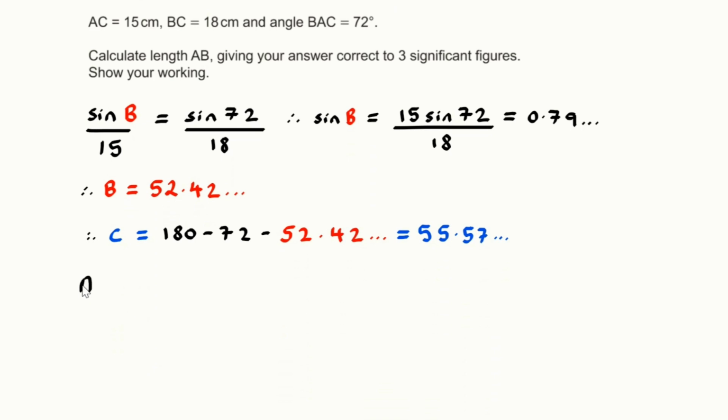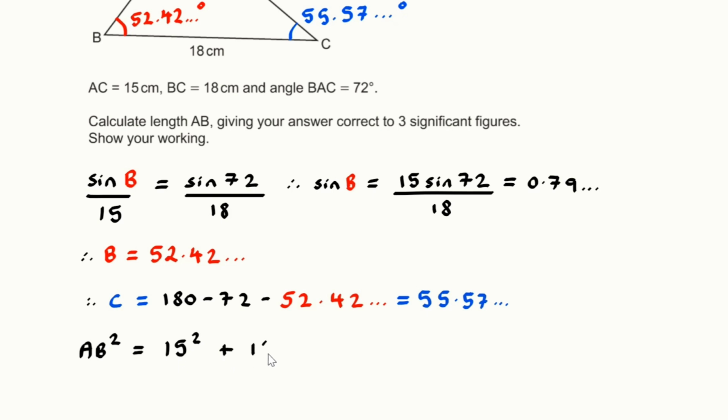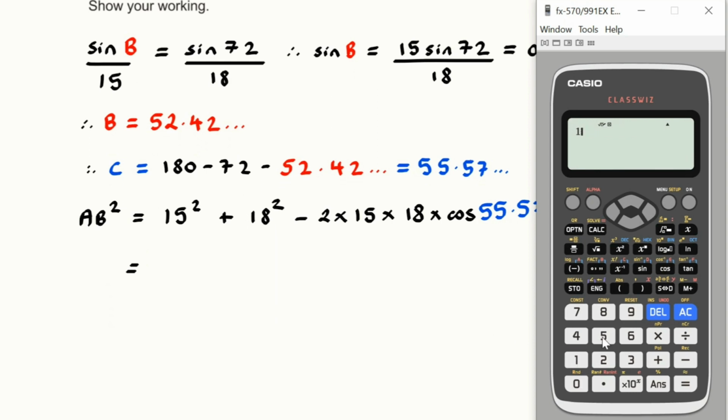AB squared is equal to 15 squared plus 18 squared minus 2 times 15 times 18 times the cosine of 55.57, etc. So if I work out what AB squared is, I've got 15 squared plus 18 squared minus 2 times 15 times 18 times the cosine of the angle, which is 243.72, etc. And so the length of AB is the square root of this, which is 15.611, etc. centimeters.